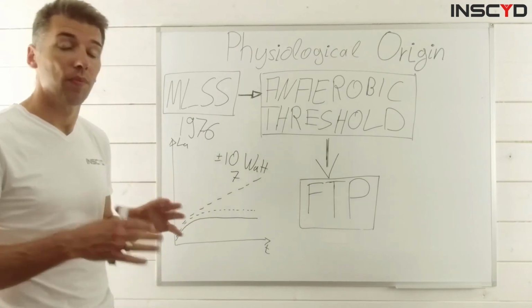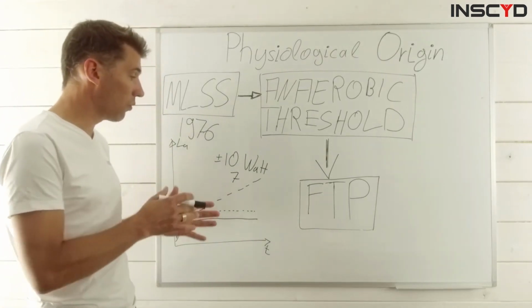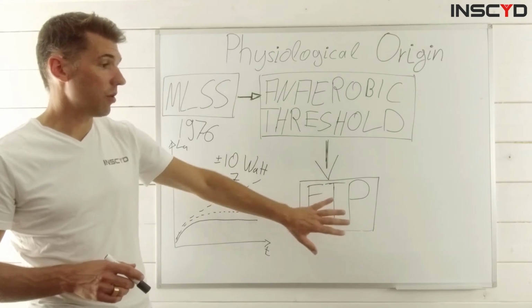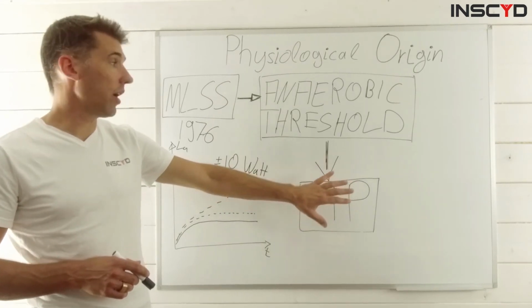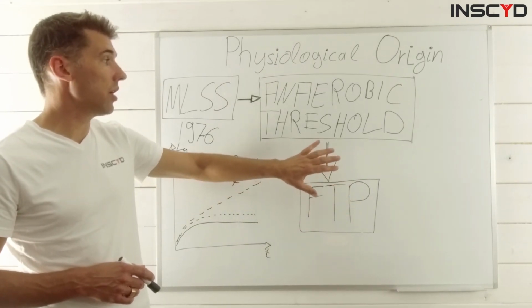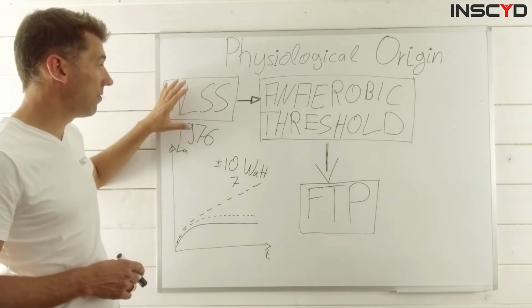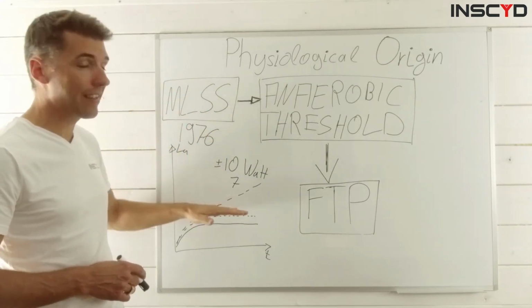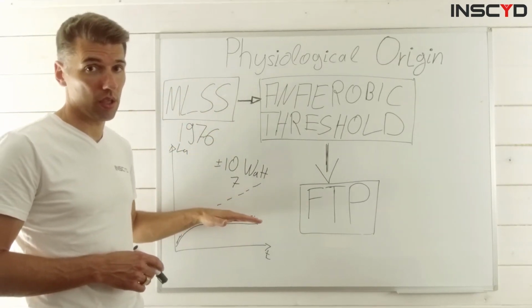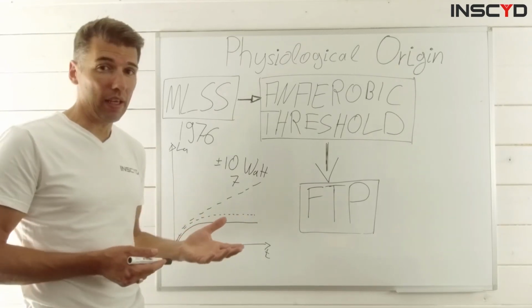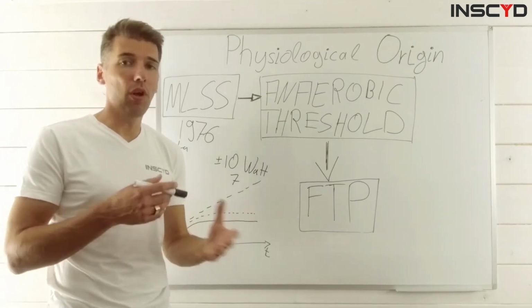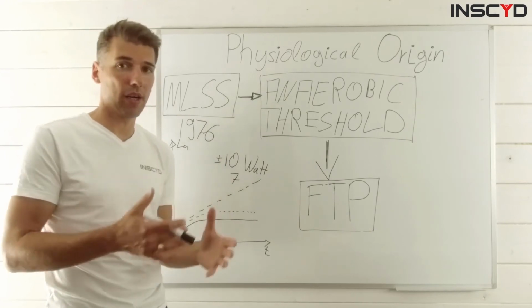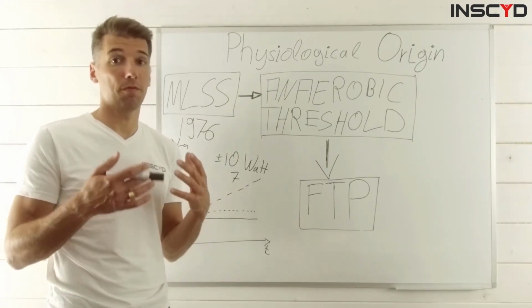Okay, so long story short, what we're looking at when talking about functional threshold power is an approximation of an intensity domain where lactate still stabilizes. And why lactate? Well, view lactate as a marker, an indicator for fatigue.